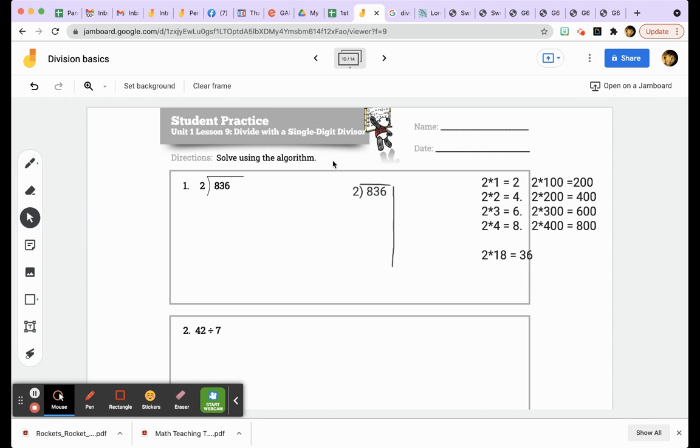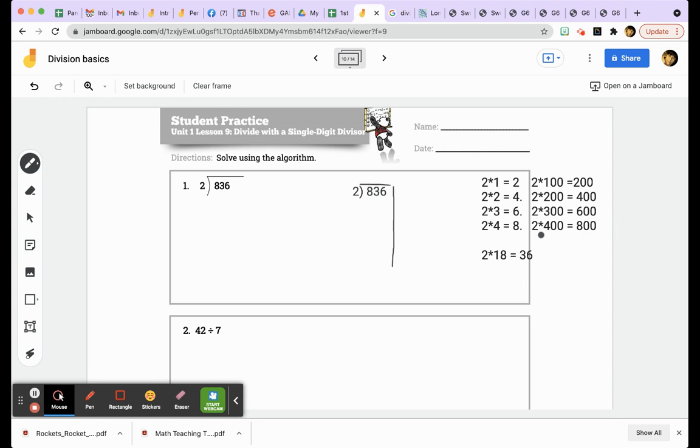So again, I've got my toolkit for the area model. And I have 836 divided by 2. So I want to know how many equal groups of 2 will fit into 836. So I'm going to look at my toolkit, and I'm going to look for the largest product to help me find my partial quotient.